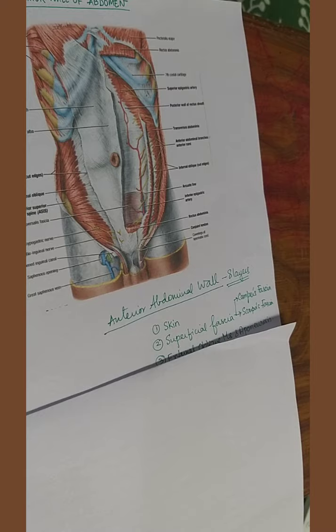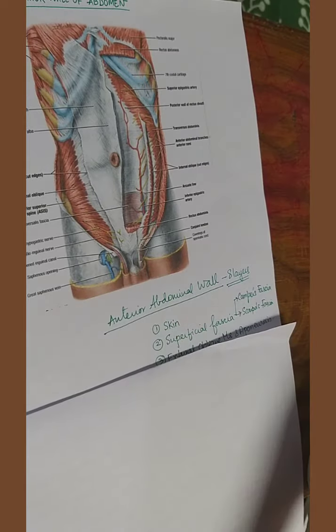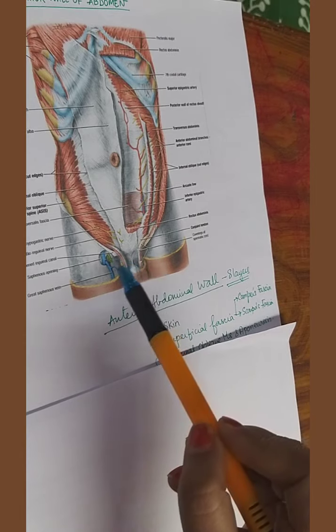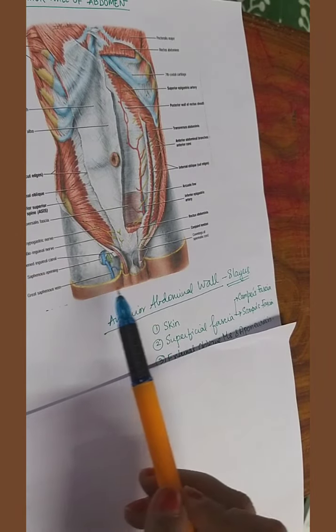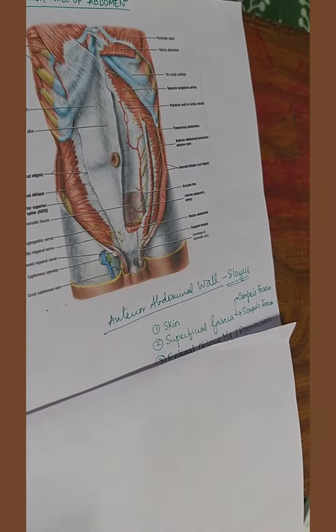The arteries are branches of the femoral artery, but the veins drain into the great saphenous vein. Also, close to the inguinal ligament, the space contains superficial inguinal lymph nodes.